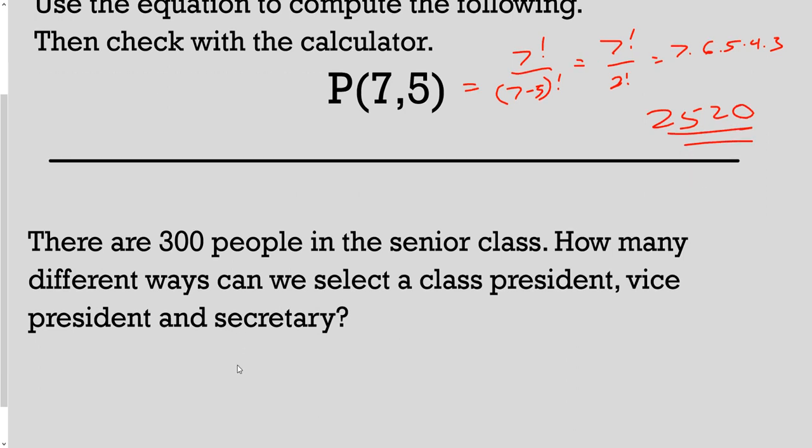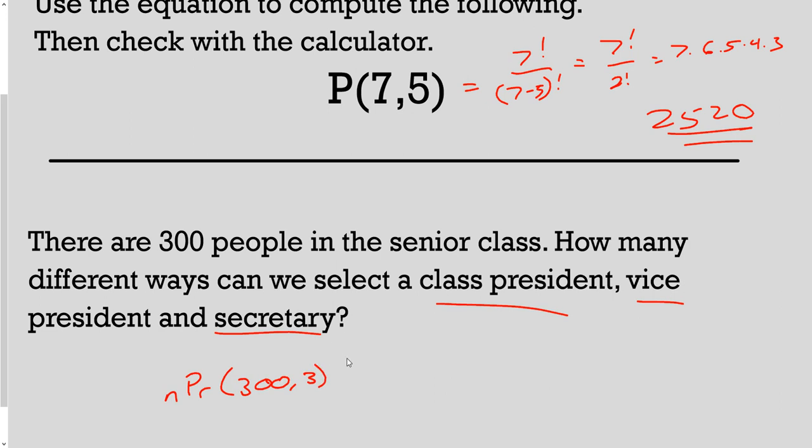300 people in the senior class. We want to select these officers. There's a class president, a vice president, and a secretary. That's 3. So what I'm really doing is permutations of 300 people taken 3 at a time.